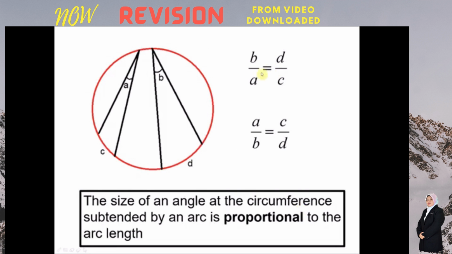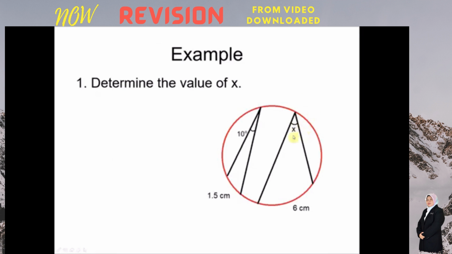So using this, we can take x divided by 10 degrees equals 6 centimeters divided by 1.5. So x divided by 10 equals 6 divided by 1.5. Then we just move the 10 here, calculate this, and you get the answer.